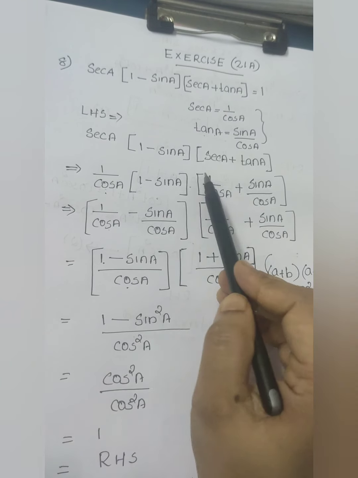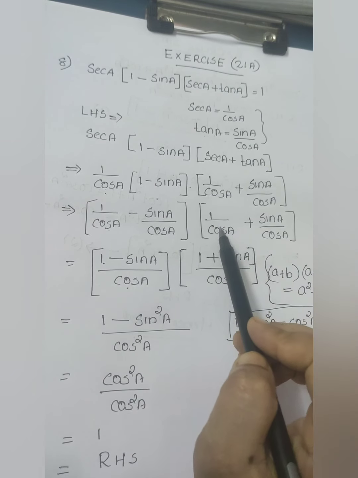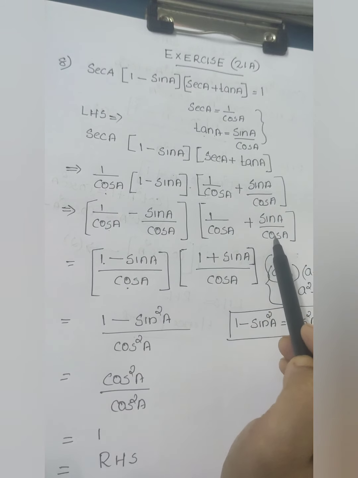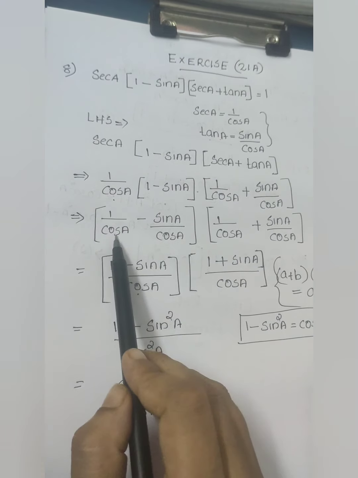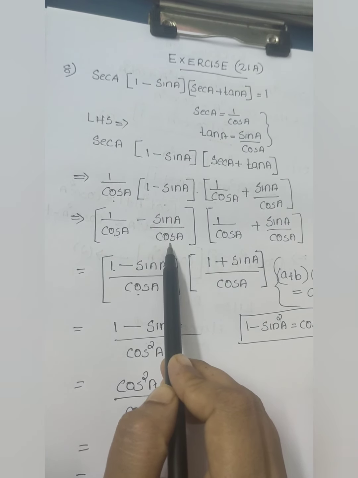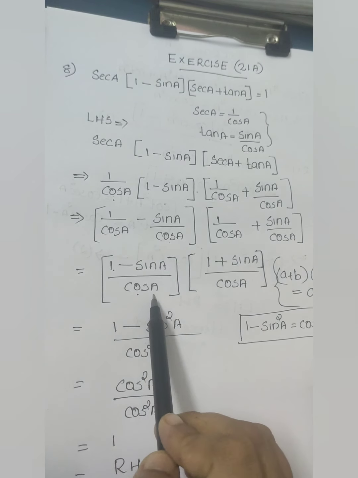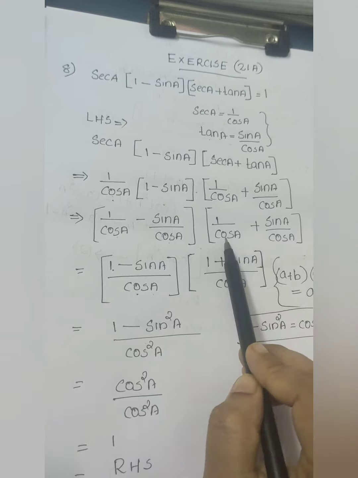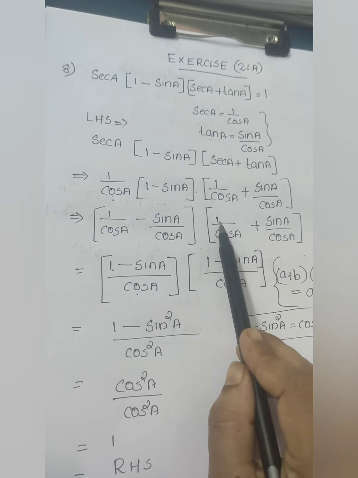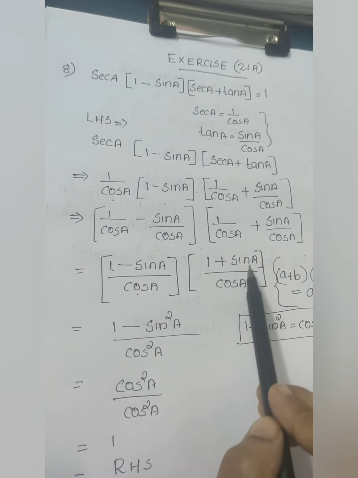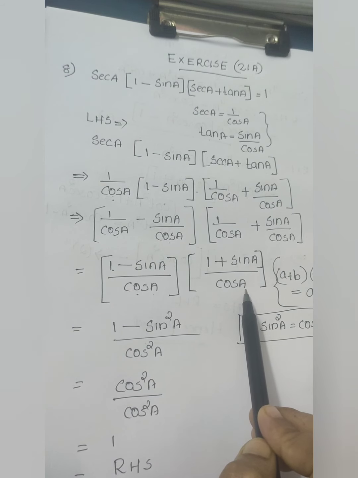Bracket closed. Then 1 by cos a plus sin a by cos a. Now here the denominator is the same, so we can write 1 minus sin a whole divided by cos a into, here also the denominator is the same, so we can write 1 plus sin a divided by cos a.